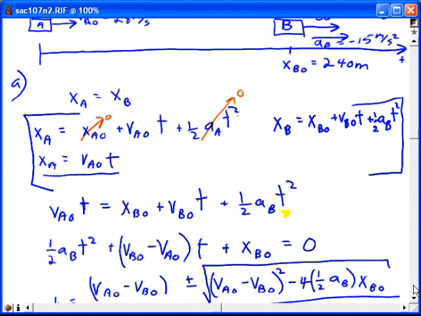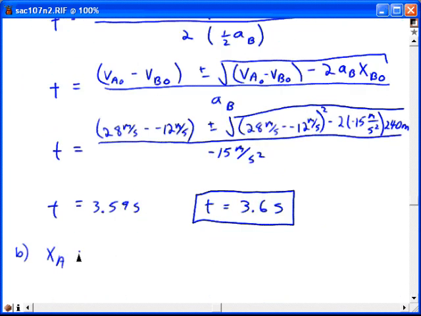I'll copy that down, VA0 times T. Which is our 28 meters per second times, and I use the unrounded value of time. I can give that as an intermediate result in order to get the best possible value here. And I got written down 100 meters. I want to check on that.